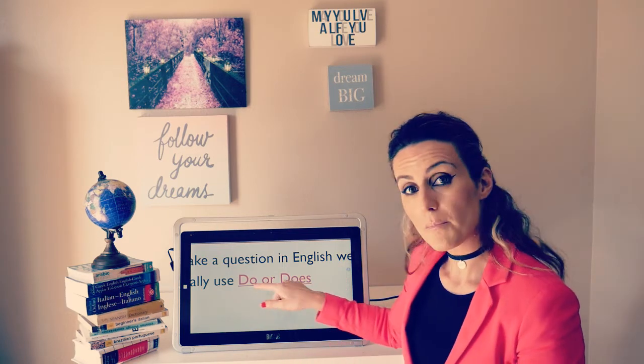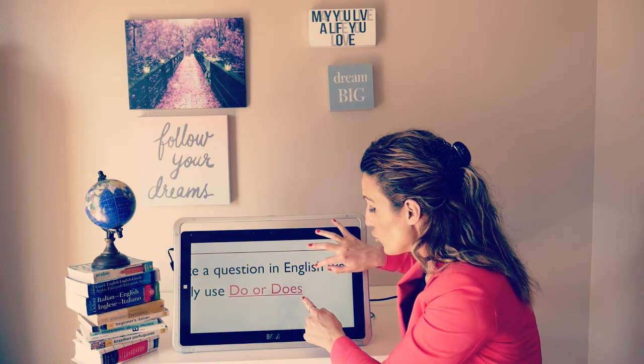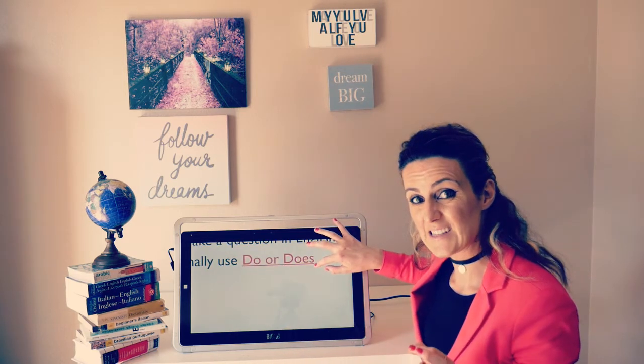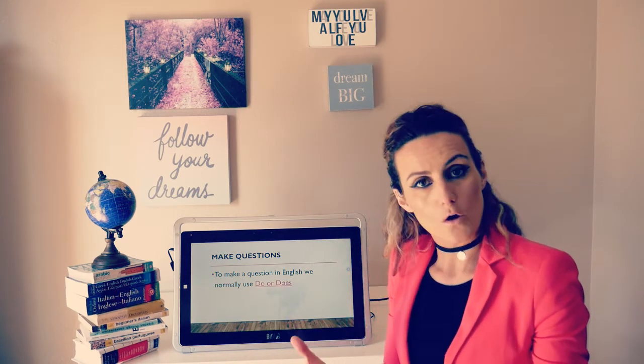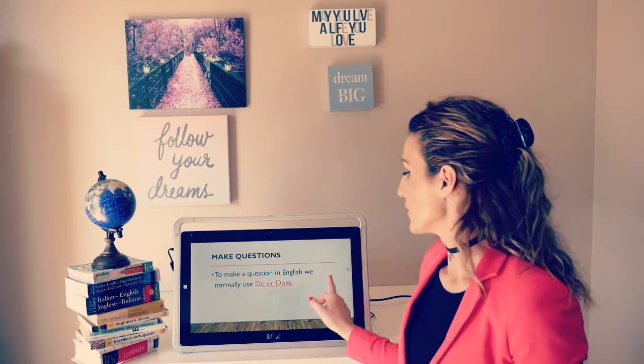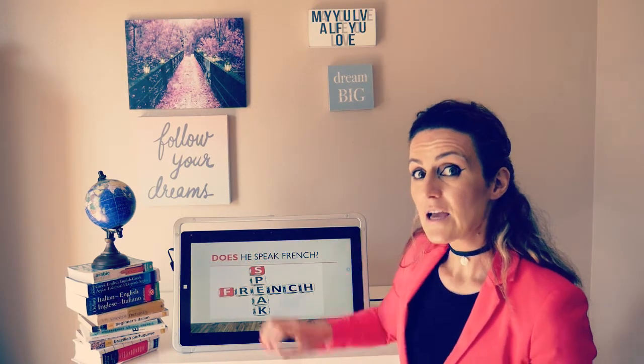So, when you talk about the verb to do, he, she, it, you don't add just an S, you add an E and an S. You use the simple present when you want to make a question. So, here are some examples. Do you speak English? If we are talking about he, we say, does he speak English?